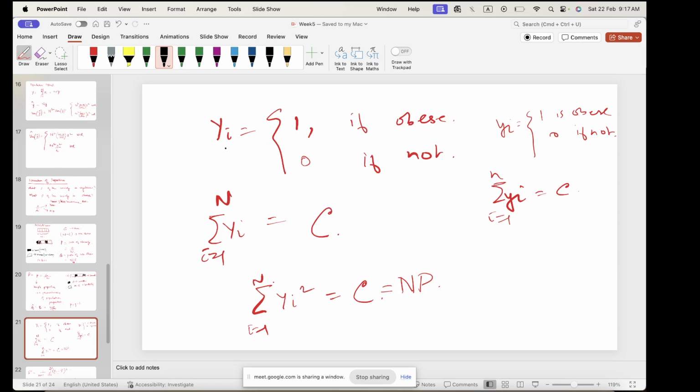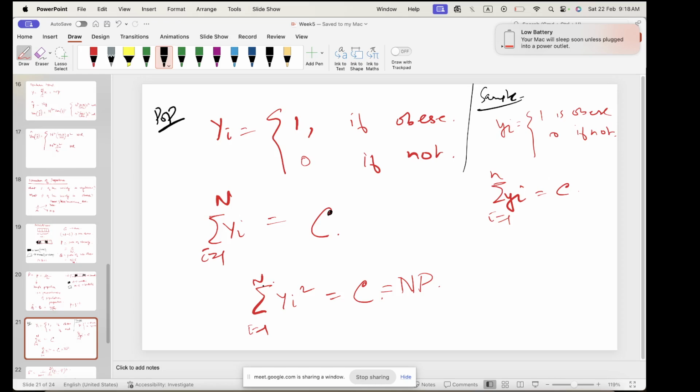If I consider the population scenario and categorize every individual into obese or non-obese, then if I take a sum of all yi's, I would get the total count of obese people in the population. And here I am writing the sample counterpart. If I take a sum of small yi, then I would also get the number of people in the sample who are actually obese.